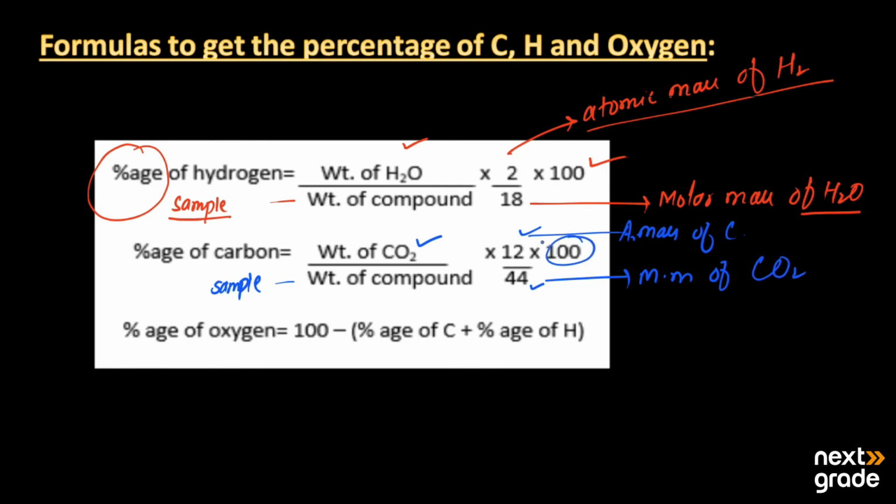Multiply by 100. For the percentage of oxygen, as the total percentage of every compound is 100, we subtract the percentage of carbon plus the percentage of hydrogen from 100, so we can find the percentage of oxygen.